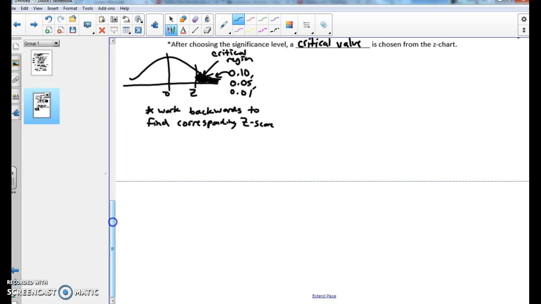So then for each of these, there's going to be a specific z-score that tells you where you're at. Now, the distribution is going to depend on your sign, right? Depends on greater than, less than, or the not equals to from earlier.